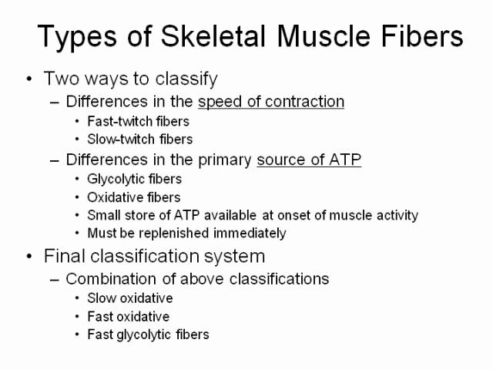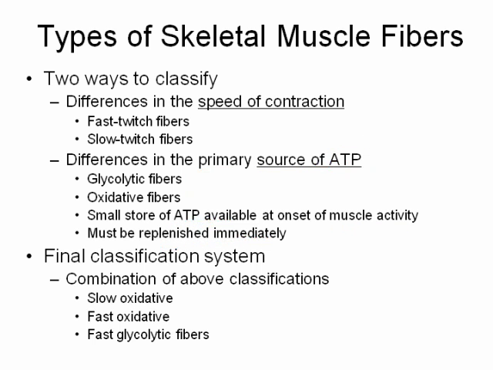Different muscle fibers have different primary sources of ATP. They can use glycolysis. They can use oxidative phosphorylation. They can store small amounts of ATP available at the onset of muscle activity, but it has to be replenished immediately. So depending upon where that ATP is coming from, it will affect the availability of ATP.